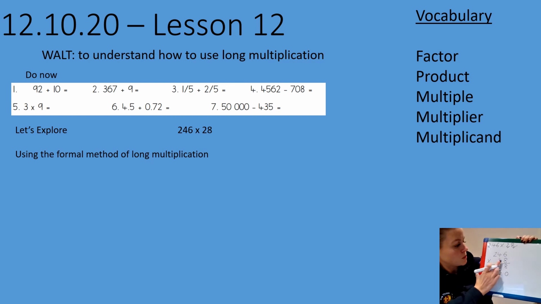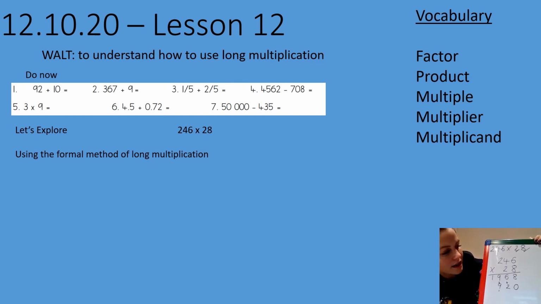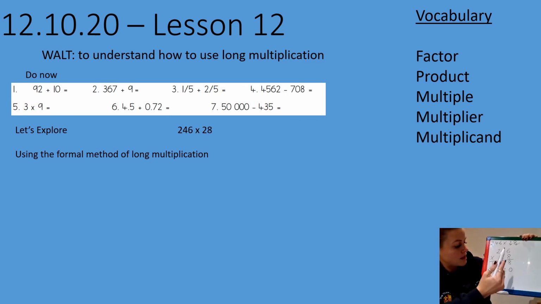Now I've got 2 multiplied by 2, which I know is going to be 4. And that's 200 multiplied by 20, which is going to be 4,000. And I'm going to check by putting my 4 in my thousands column there. And then all that's left to do is to add those two numbers up.